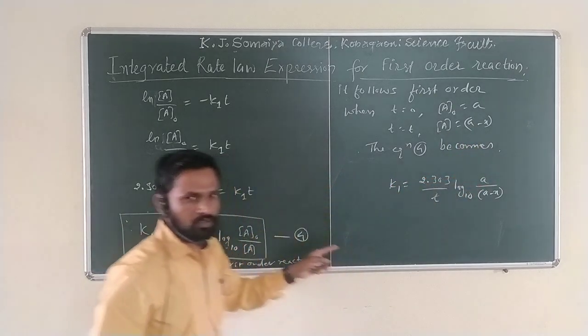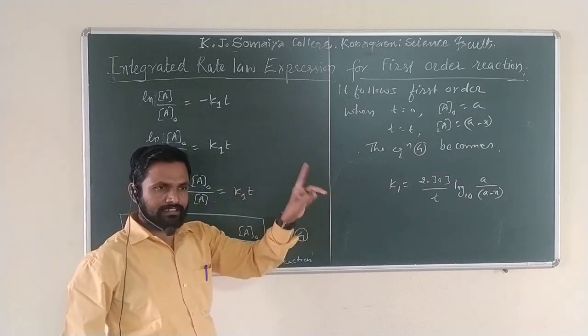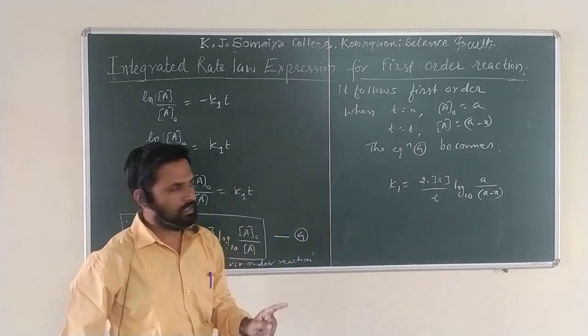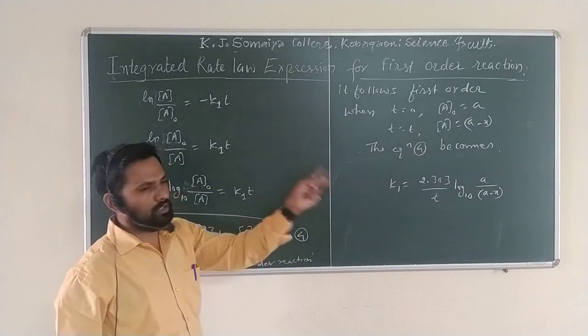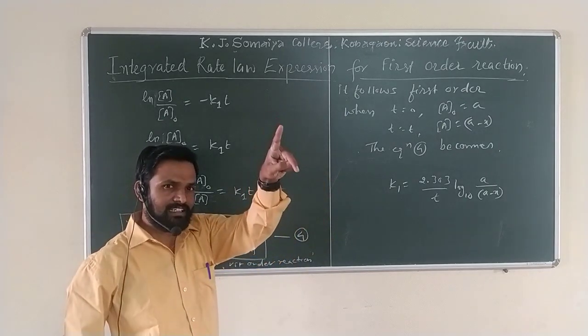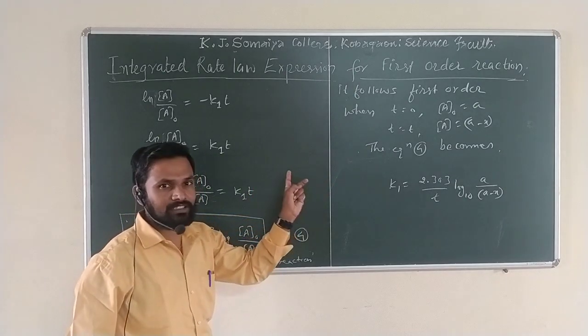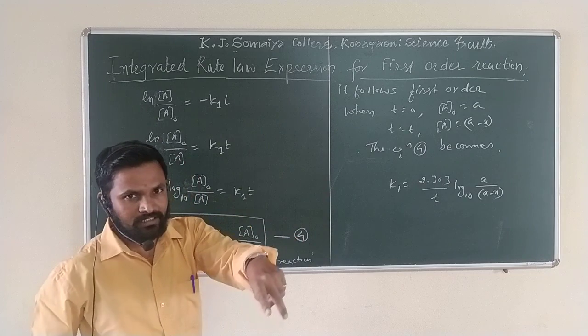As I told you, if initially at T equal to 0, 100 molecules are taken, at the same time the product is 0. After 10 minutes, if 10 molecules are converted from reactant to product, the product will be 10. And the concentration of the reactant A will be 90, because 10 molecules are already converted into product.